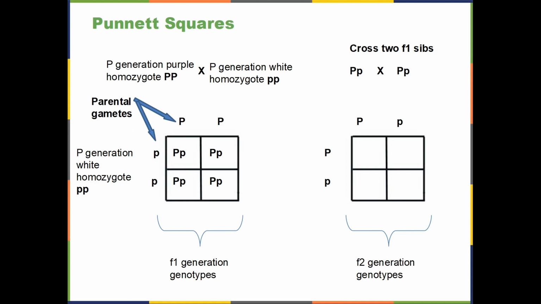So the top left is in row big P and column little p, so we get big P, little p. The next one is in a column also named big P, and in a row little p, so it's big P, little p, and we basically just repeat it for the next row.